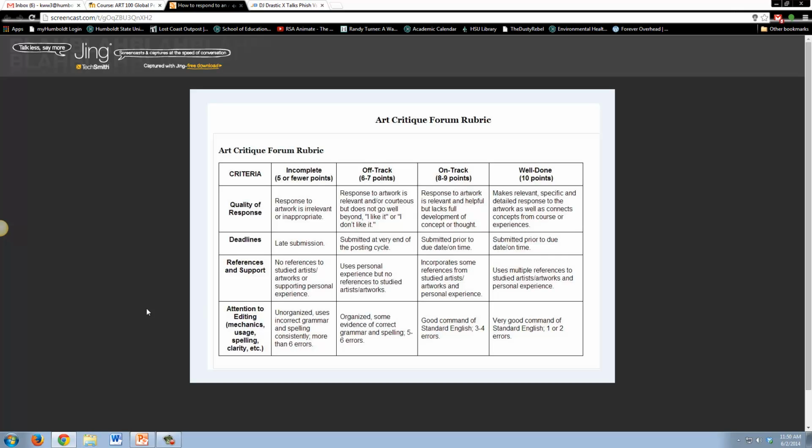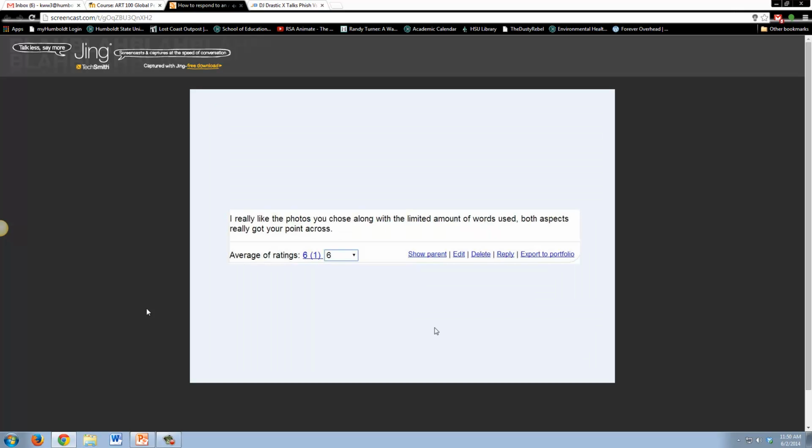So let's take a look at an example response. The first response is one from last semester that got a 6. In this case, they say, I really like the photos you chose, along with the limited amount of words used. Both aspects really got your point across. So this is something that we call I really like it or I didn't like it. It's a very shallow quote. And in this case, what we want to move beyond I like it to saying why.